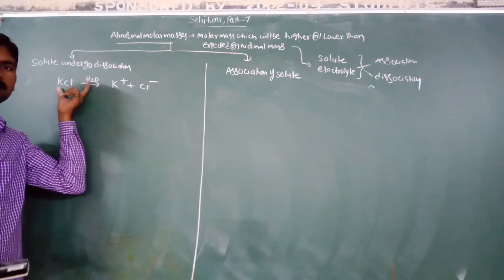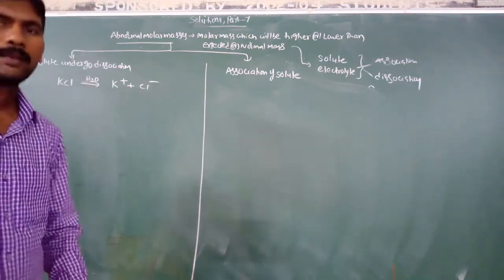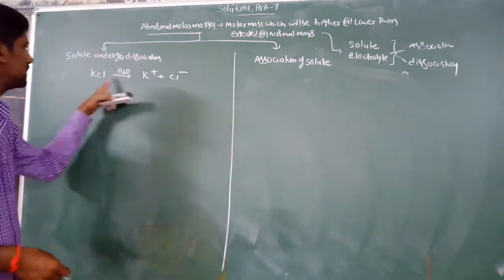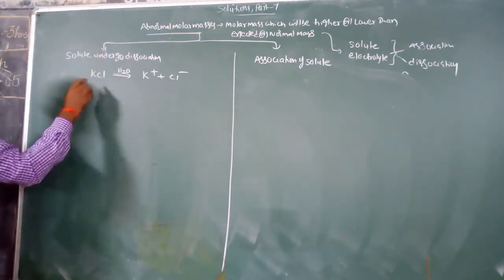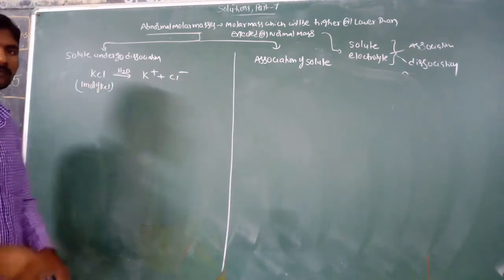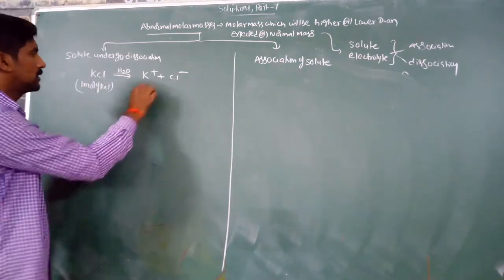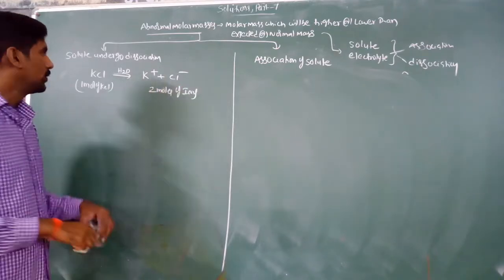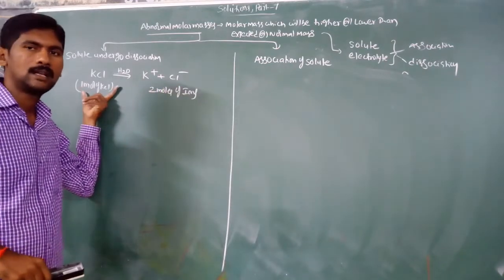If an electrolyte KCl is dissolved in water, it splits into K plus and Cl minus. Before dissociation there is 1 mole of KCl.